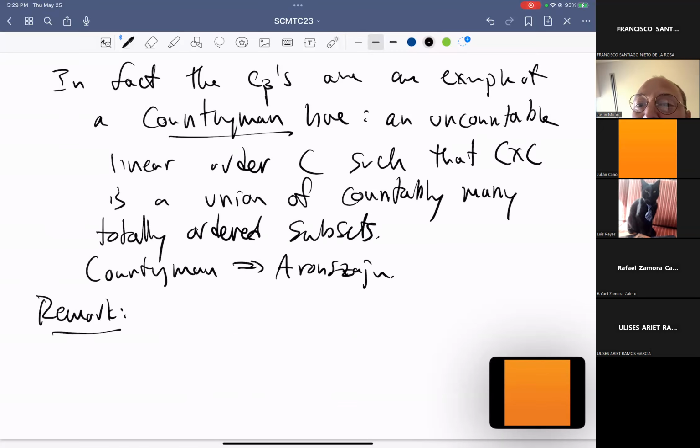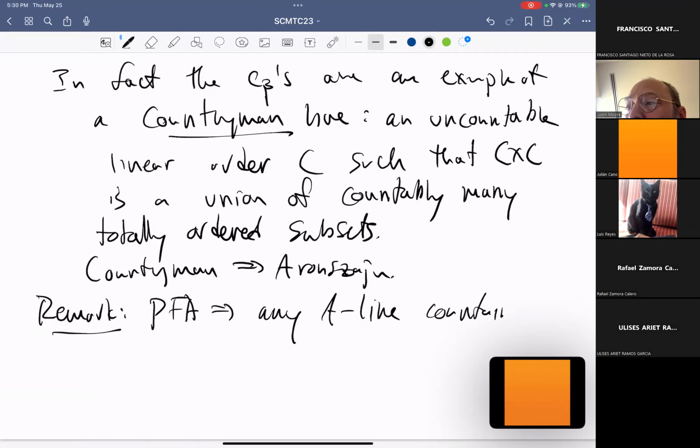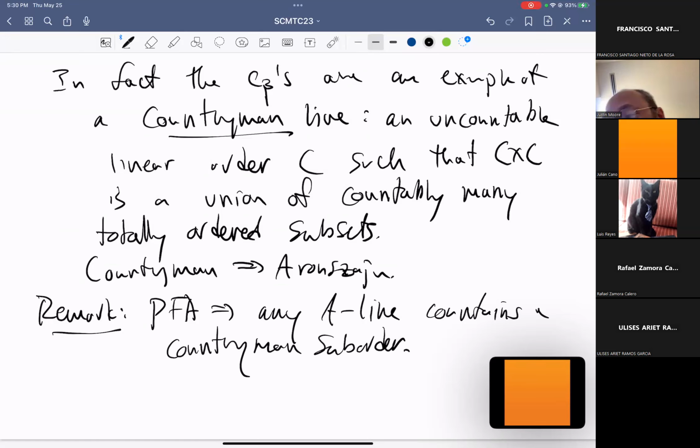It's maybe worth remarking, even though this is not a major part of the story, that PFA implies that any Ehrenfeucht line contains a Countryman suborder. So these, in some sense, are a typical example of an Ehrenfeucht line.